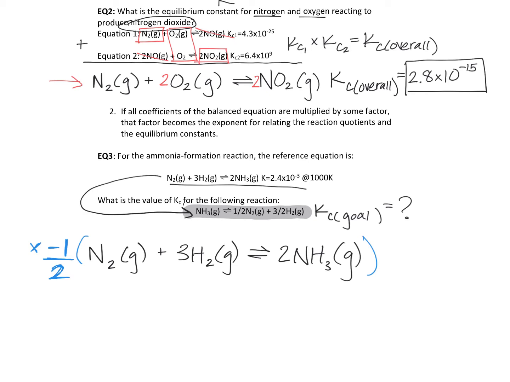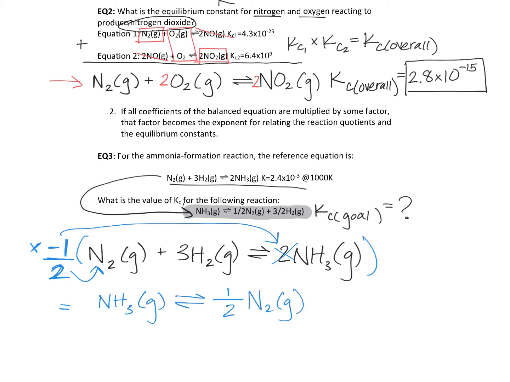Multiplying by -1/2 again gives you the following. NH3 gas. Okay, that 1/2 was distributed here. It flipped NH3 to the other side and got rid of that 2. Then I distribute the 1/2 to N2, so I should have 1/2 N2 gas.